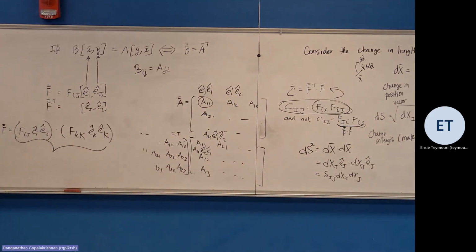The book does it effortlessly. They just say, oh yeah, C_ij is F_ki F_kj. When I was preparing for this lecture, I kept wrestling over this question, but I couldn't figure it out. That's why I'm putting it in front of the class. I could just say, the book says it, let's accept it, move on, but I'm not able to.